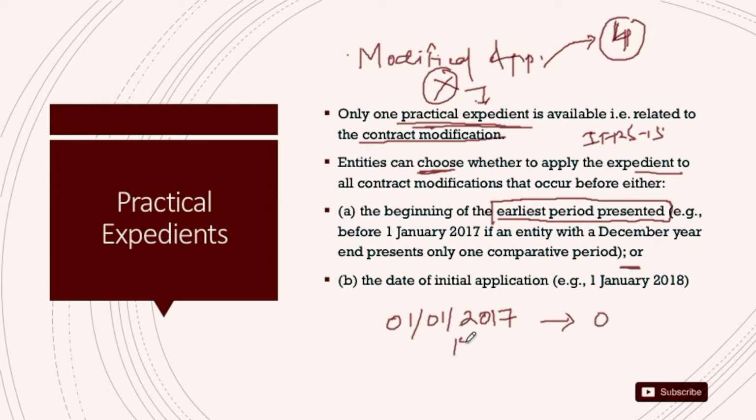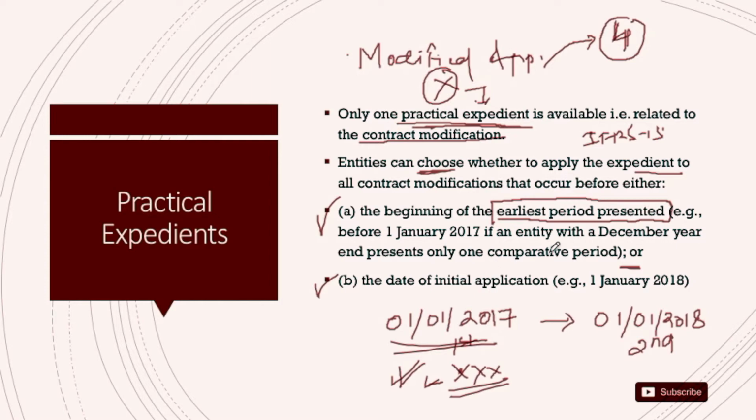Suppose we are following the calendar year, this would be the example for this date, and this is the example for this date. All the contracts in which we make modifications, we can apply the requirement of IFRS 15 from this date, or the option is available from 1st January 2018, which means all the modifications should be accounted for based on the new standard from 1st January 2018.